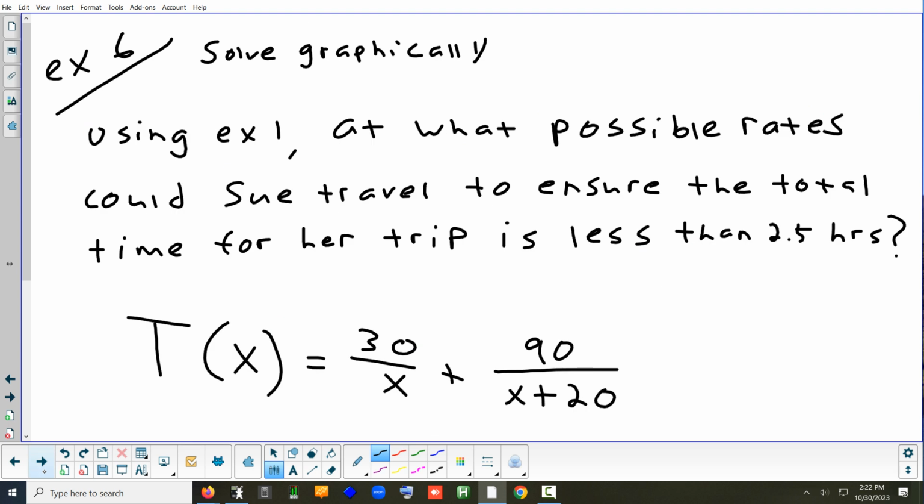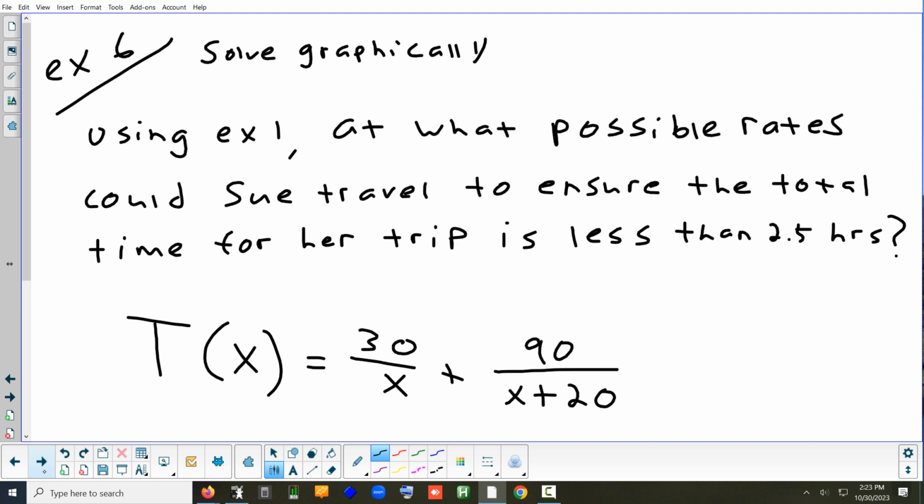All right, let's try this one. It says, using example 1, what possible rates could Sue travel at to ensure her trip is less than 2.5 hours? How is that different than saying exact 2.5 hours? What's the difference between saying she does it in exactly 2.5 hours versus less than 2.5 hours?